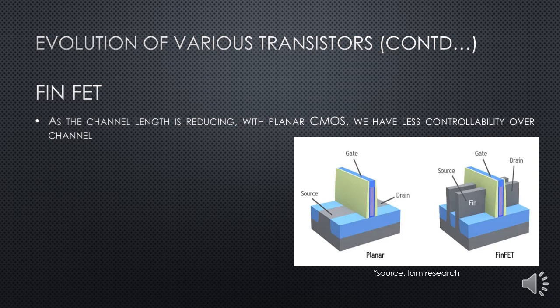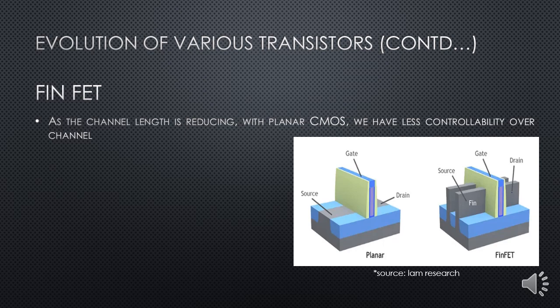But here you see it's kind of embossed. These dark gray colors are the source and drain, with the source on one side and the drain on the other side. The major difference here is the gate. The gate is now 3D, that means three-dimensional.